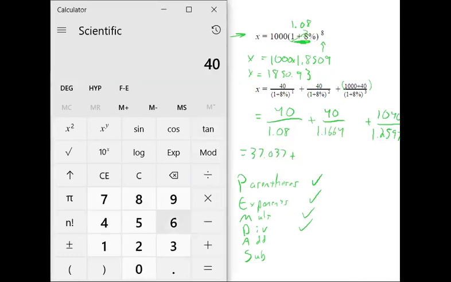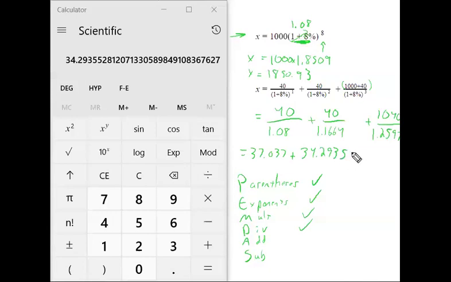Now we've got 40 divided by 1.1664 is 34.2935. I always, because I'm cautious, put a couple extra digits in. It doesn't take that long, so you're not really ever going to regret it. At least I won't. And then we'll do this term.